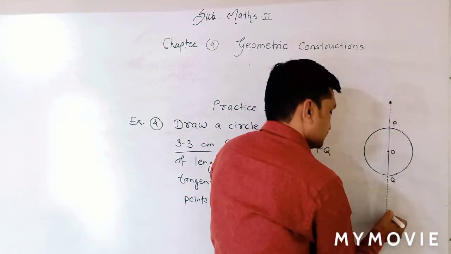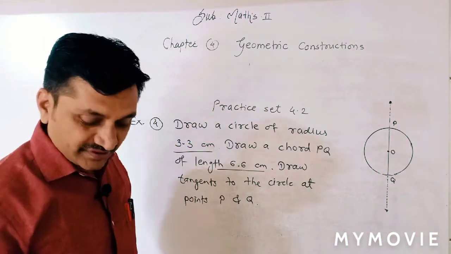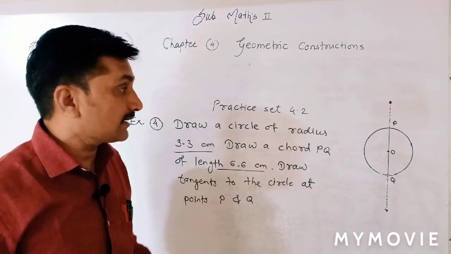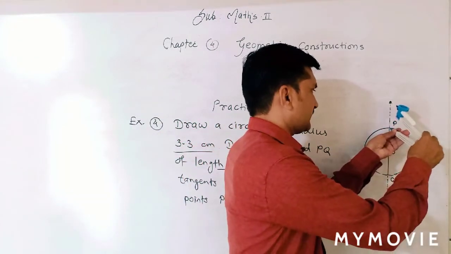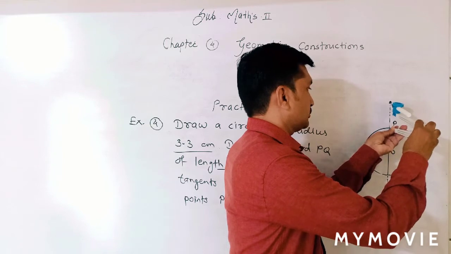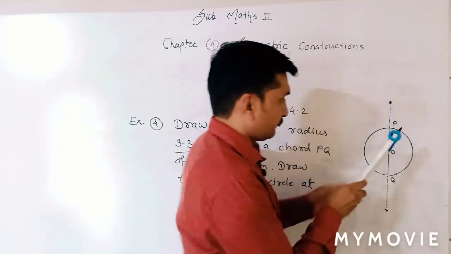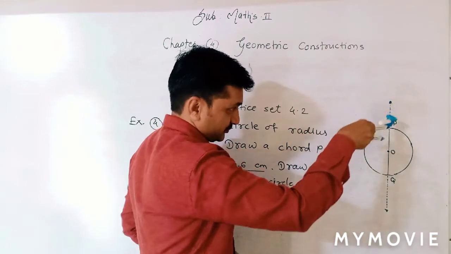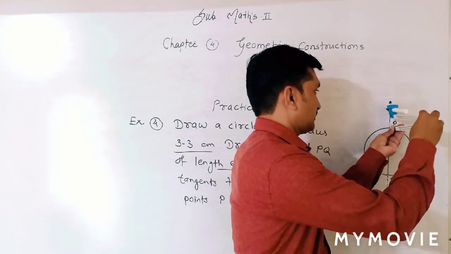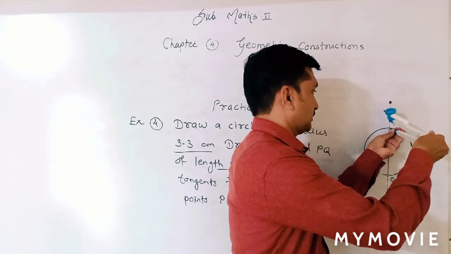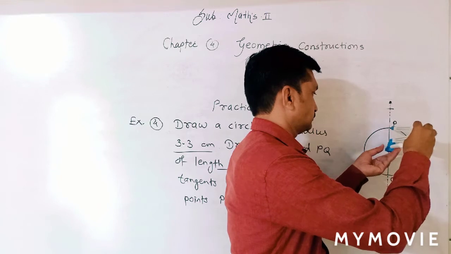Now we want a fixed distance on these rays. For that, take a sufficient distance. Now from point P, draw one arc up and a second arc down.